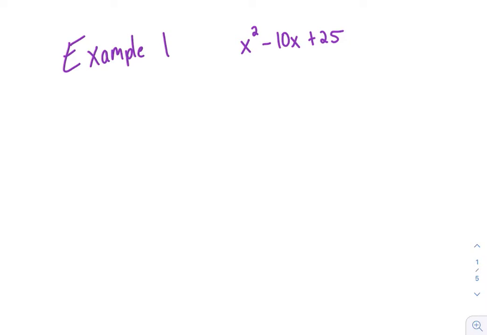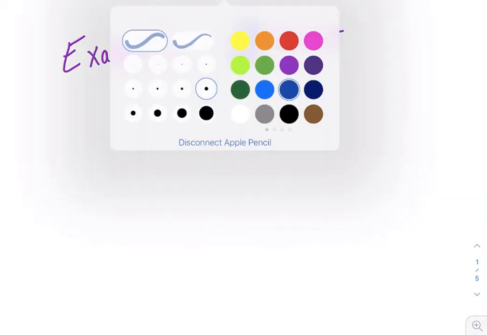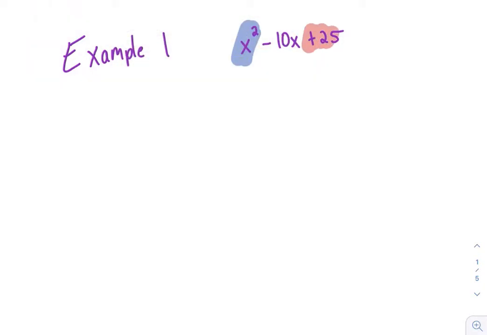To go through the steps, the first thing I check is, is the first term a perfect square? Yes, x squared is a perfect square. Is the last term plus? It is. And is it a perfect square? Yes. The square root of 25 is 5. So the square root of x squared is x, and the square root of 25 is 5.